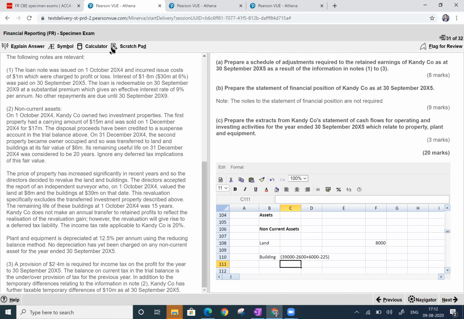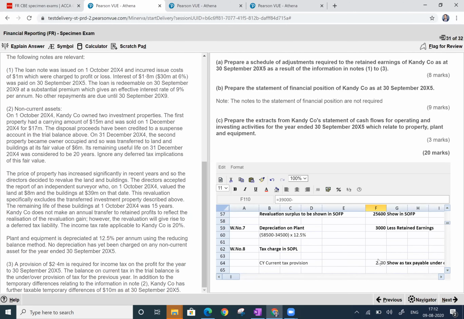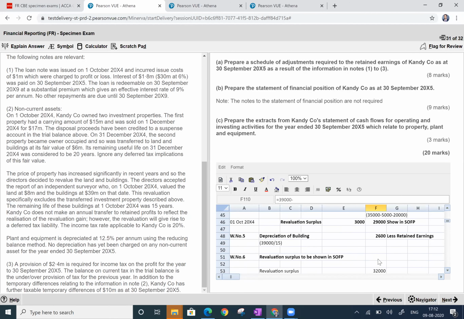So I'm just going to show all those things here. This is equal to 39,000, minus which column do I have to do? Minus 2,600 here, that is F48. So minus F48.